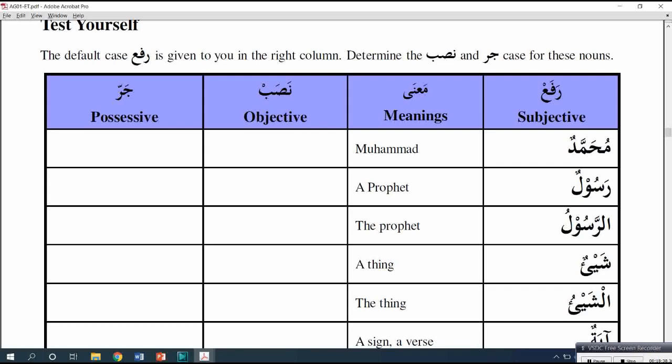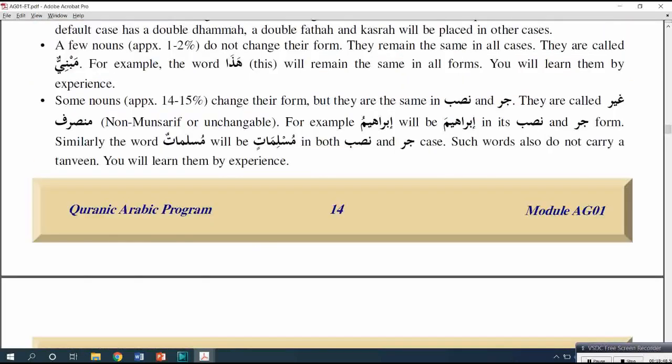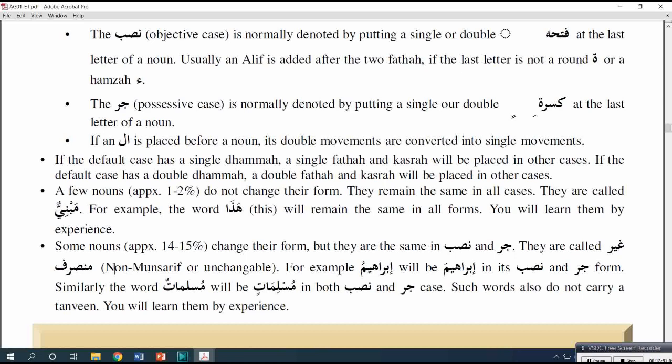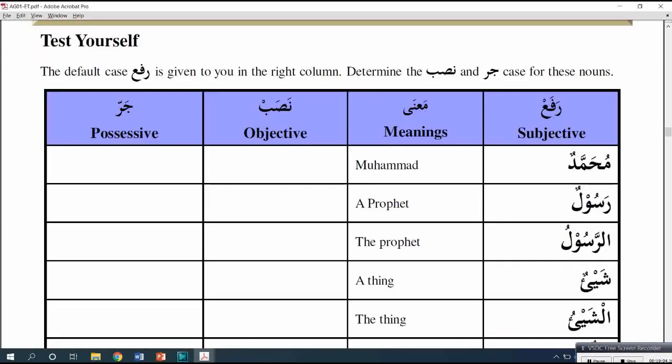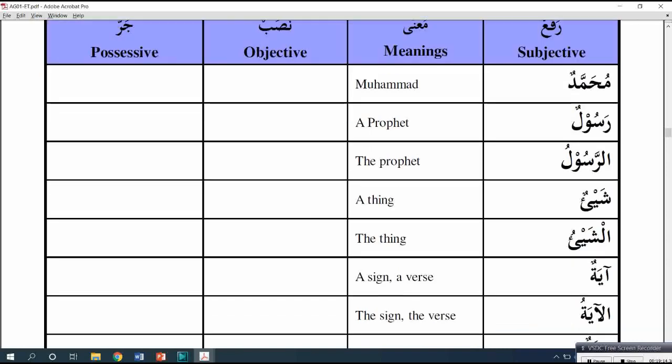And possessive or jar, you know, is normally denoted by a single or double bar like this. So it means that you are talking about a special prophet, about some request or some action like this. Some other words are also available.